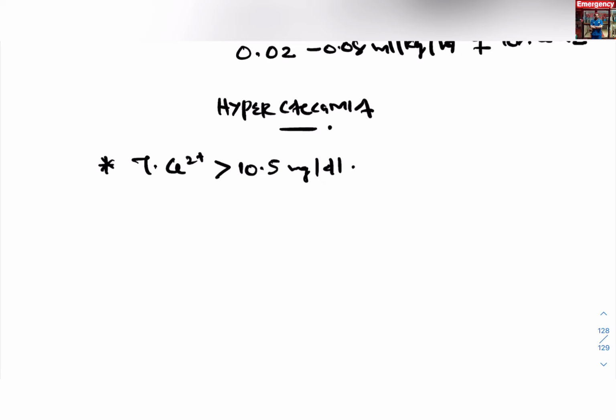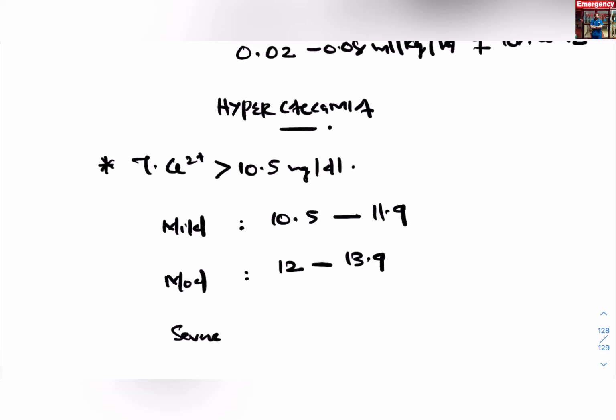It is further divided into mild, moderate and severe. Hypercalcemia is mild if the serum calcium concentration is between 10.5 to 11.9. If it is between 12 to 13.9, then it is moderate, and if it is more than 14 mg per deciliter, then it is severe hypercalcemia.